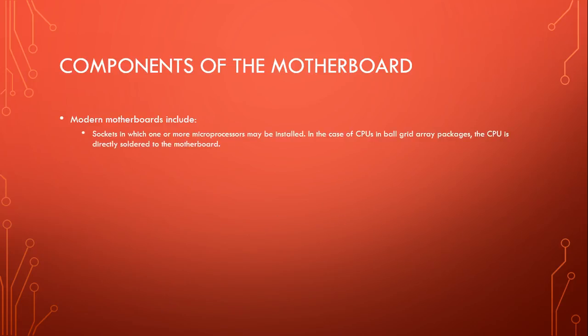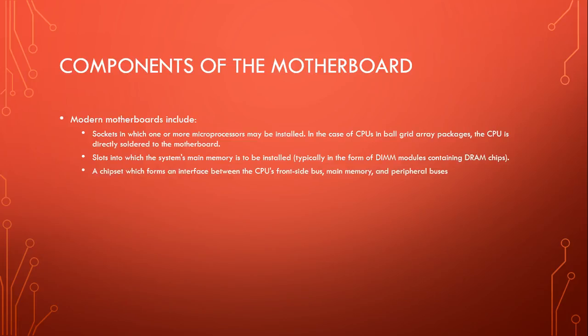Modern motherboards include sockets in which one or more microprocessors may be installed. In the case of CPUs in ball grid array packages, the CPU is directly soldered to the motherboard. You also have slots into which the system's main memory is installed. This is typically in the form of DIMM modules containing DRAM chips.